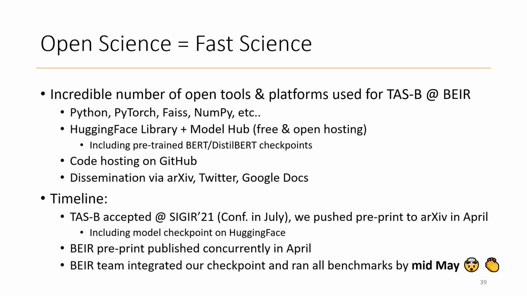We use a huge collection of Python libraries for training those models, which is PyTorch, FAISS, NumPy, etc. Then we have the whole ecosystem from Hugging Face, which includes the Transformers library and the Model Hub, including free and open hosting of checkpoints. Then we have code hosted on GitHub and a range of tools for dissemination of our results: arXiv for the paper, Twitter to publicize it, and Google Docs to host the leaderboard.